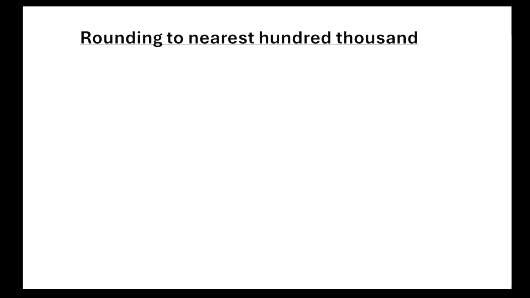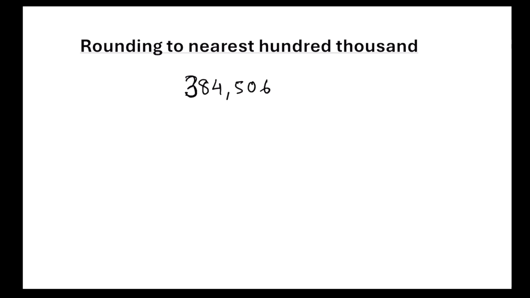Rounding to the nearest 100,000. Take a 100,000 number. 384,506. Okay. Step 1. First, figure out what is the 100,000 place digit. You need to review the place value very well from the 4th grade book.